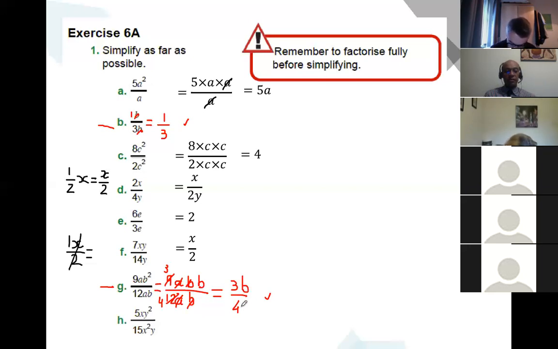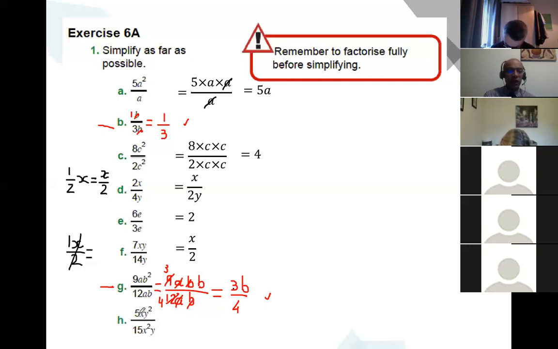Same thing. I think now we need to start getting used to writing fractions as 3b divided by 4 rather than 3/4 of b, because we're going to manipulate bigger fractions, and they do have a bigger number there.